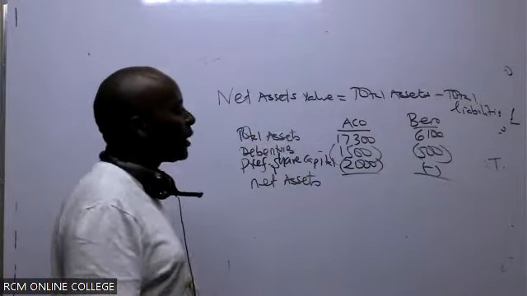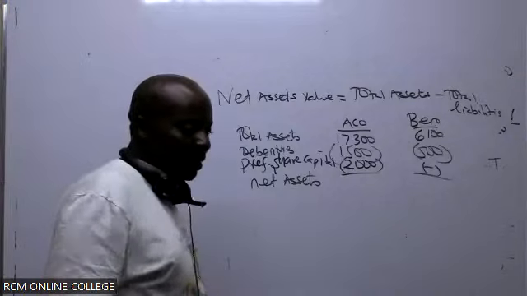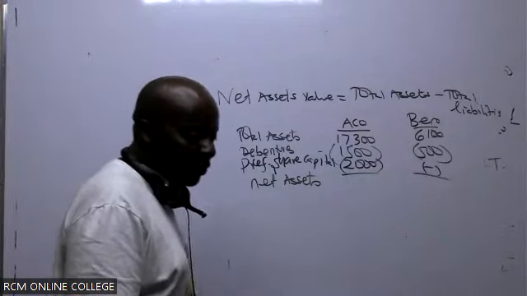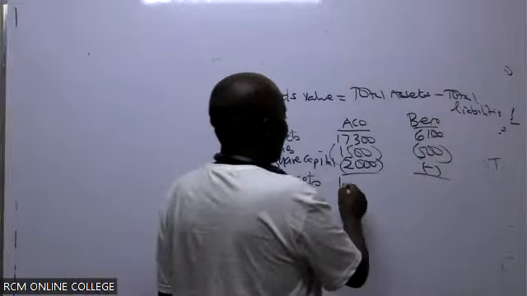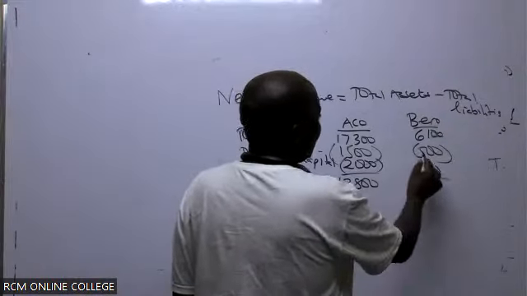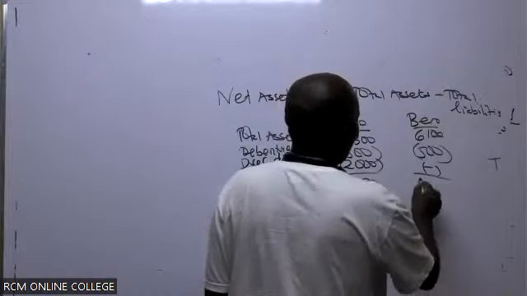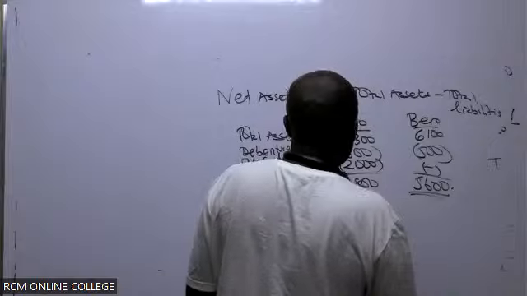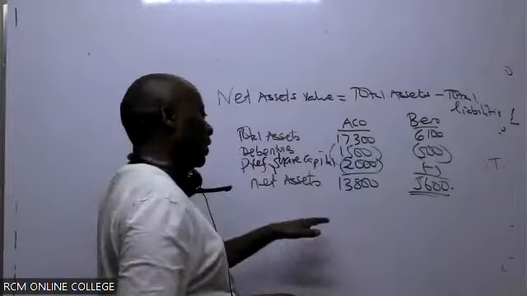Are you able to give me the net assets of ACO? Anybody who is able to give me 13,800. So this is 13,800, and this one here will be 5,600. So the exchange ratio, if we are using the net assets basis, we shall take that divided by this.